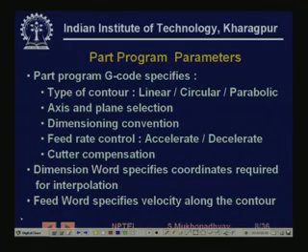It is written in terms of codes, and there are some codes called G codes which give information to the interpolator as to what kind of contour it is. Suppose you have specified two endpoints, then the question is whether the cutter will make a linear interpolation between these points and move like this, or will it make a circular interpolation?